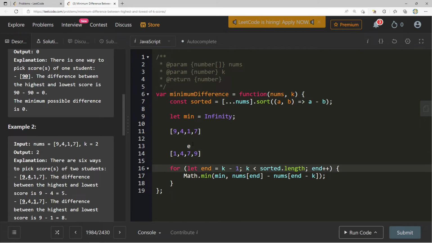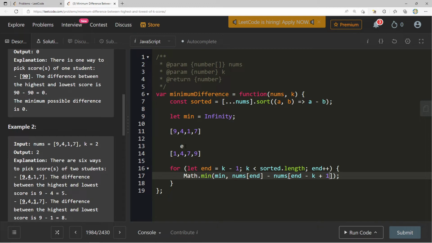That way end actually starts here. So here we'll say math dot min of min, which is infinity, or nums of end minus nums of end minus k. So that shouldn't be 2. It should be whatever is in the beginning of that window, which could be n minus k plus 1.